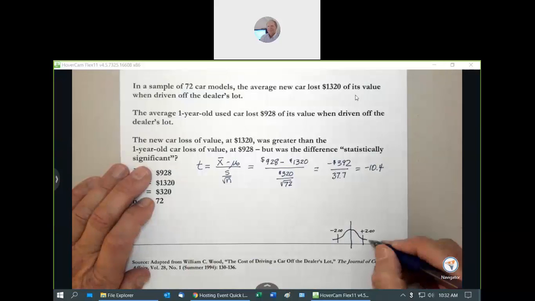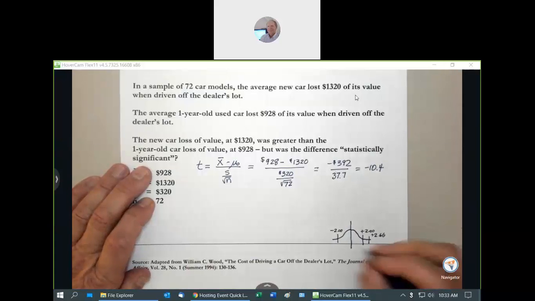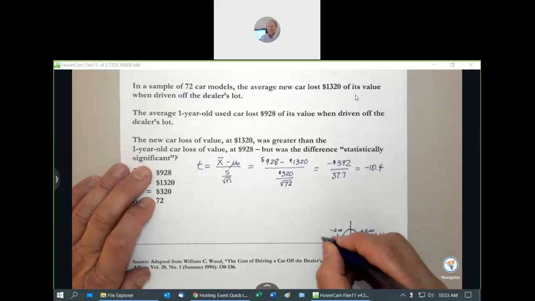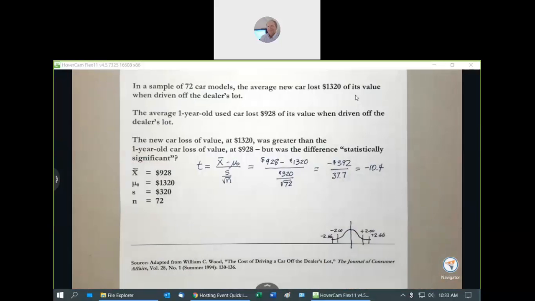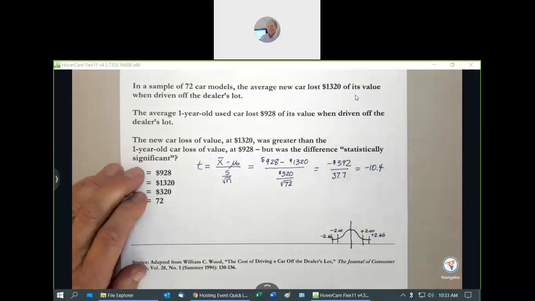Further, if the null hypothesis is correct, there's that other number, that plus 2.66. There's that negative 2.66. If the null hypothesis is correct, then 99% of the time we should come in between negative 2.66 and positive 2.66.